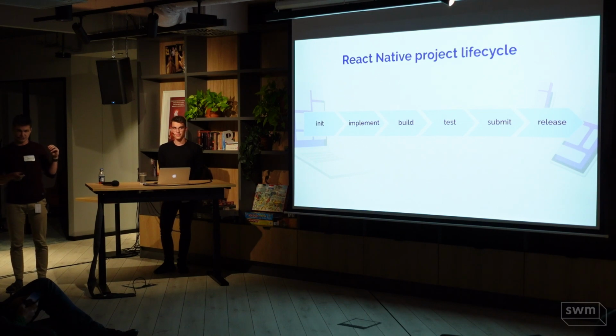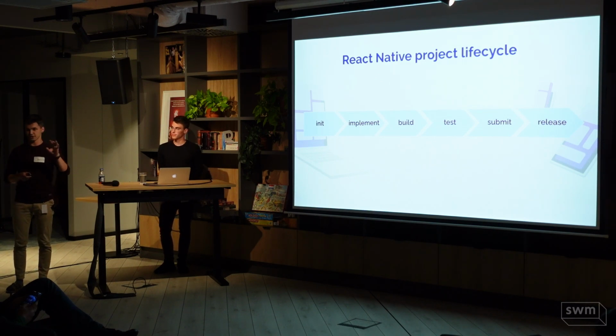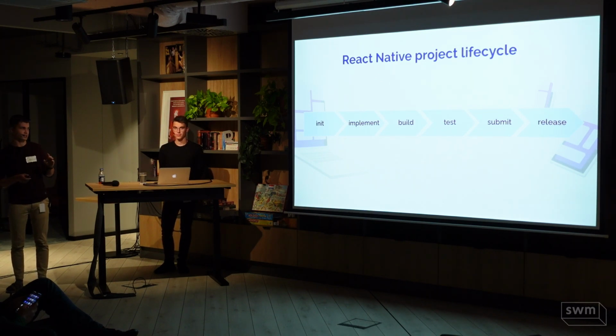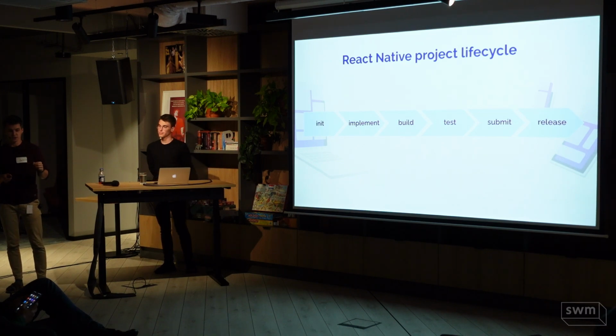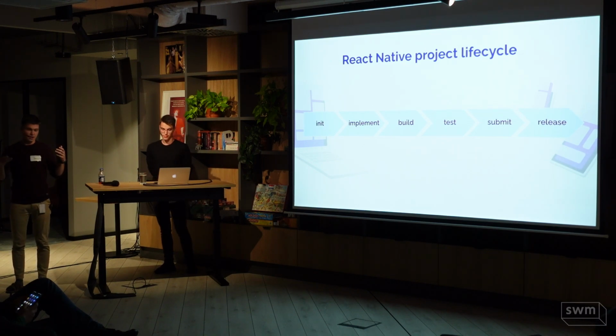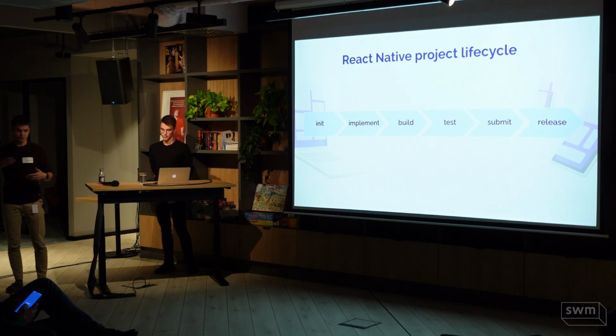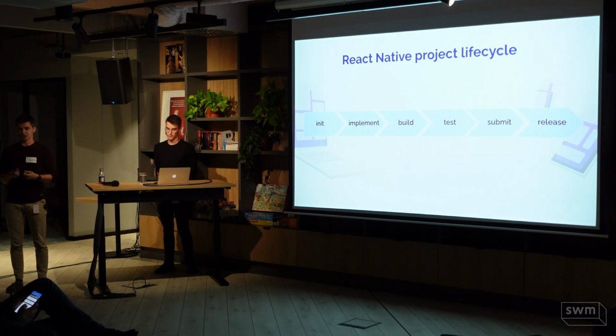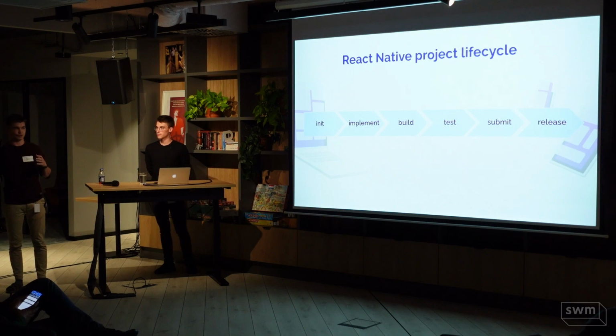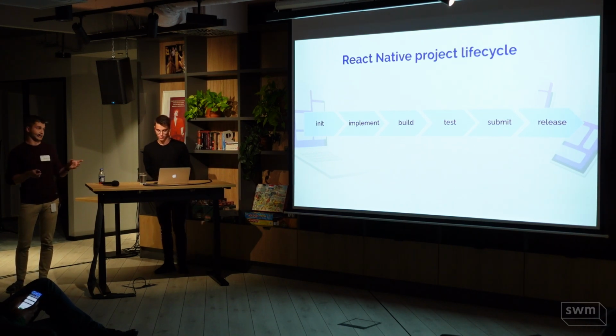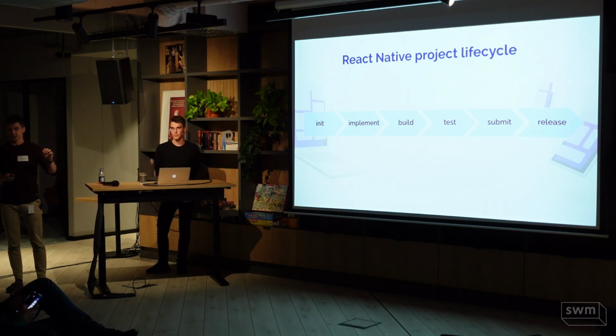You need to add libraries. You need to add JS-only libraries, and there's no problem with that, but you also sometimes have to add native libraries that add some fancy features to your application, like camera support or maps or whatever else comes to your mind. Next, you need to build an application.